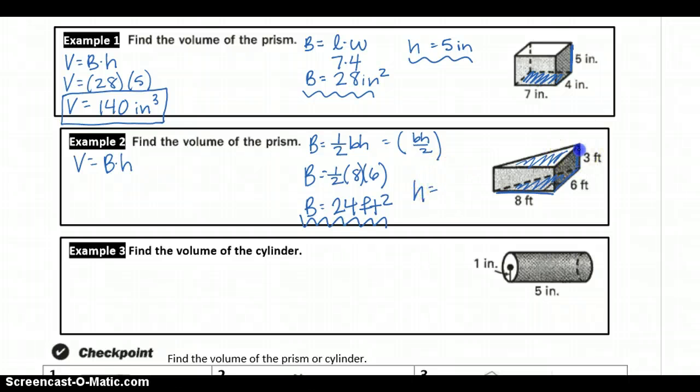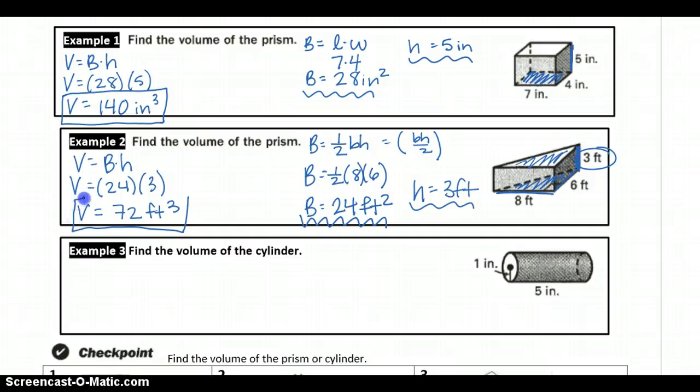The height is given to us as the distance between the two bases to be 3 feet. So we just need to plug these two things into our formula. So V equals B times H is going to give us V equal to 24 times 3. And when we multiply this out, we will get that the volume is equal to 72 feet cubed. Again, the volume is always going to have cubed units.